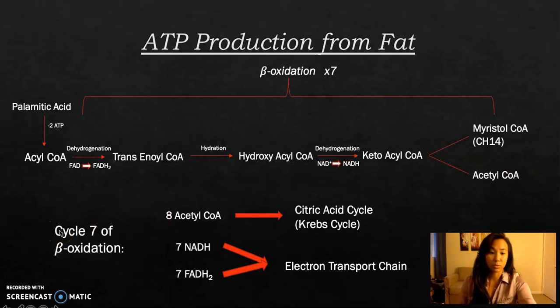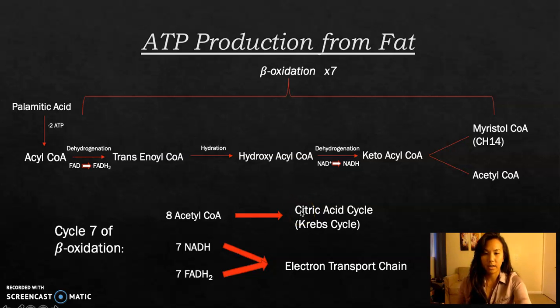Now, beta oxidation will go through about 7 cycles. And at the end of the 7th cycle, these are the products. So there should be 8 acetyl coenzyme A, and 7 NADH, and 7 FADH2. The 8 acetyl coenzyme A will bind to oxaloacetic acid, like what I described prior in the ATP production from a molecule of glucose.